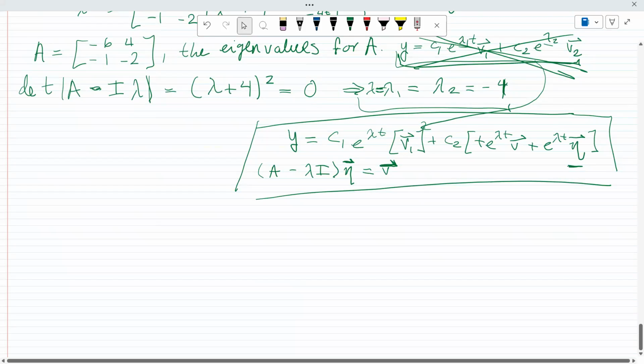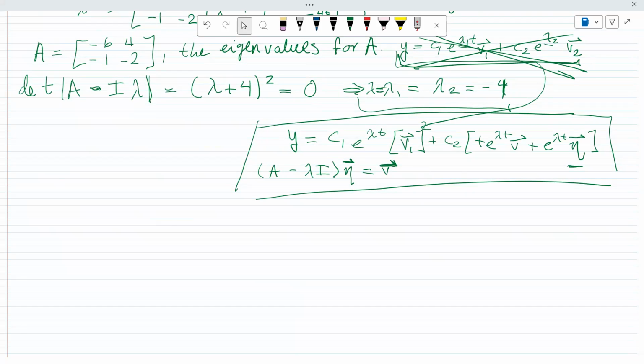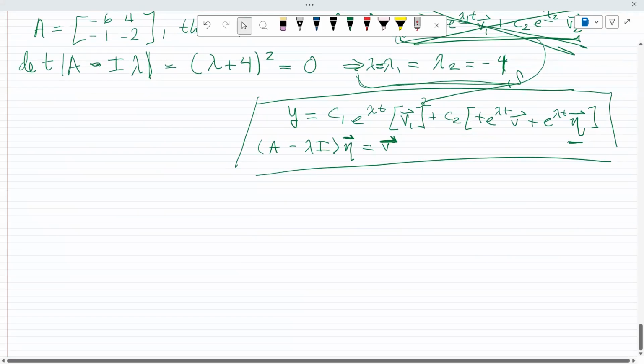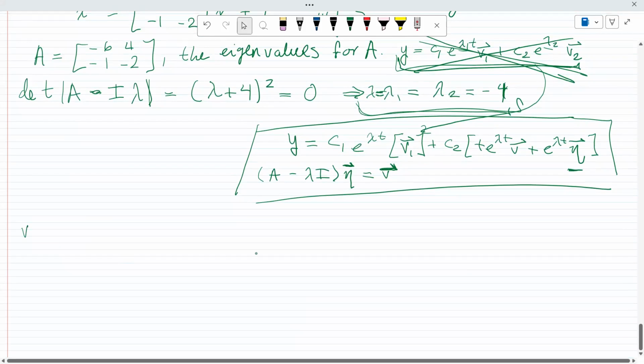So we have this information right here. And so now we need to compute the eigenvectors. Okay. So we have -6 plus 4, 4, -1, -2 plus 4. This is equal to -2, 4, -1, 2.